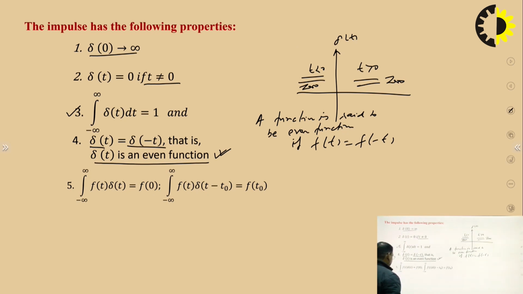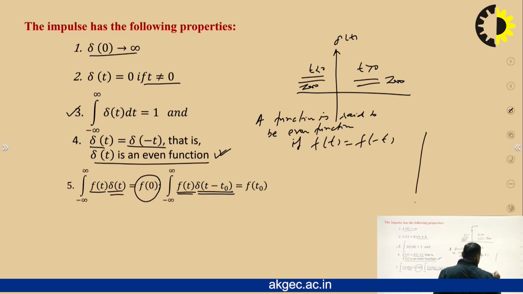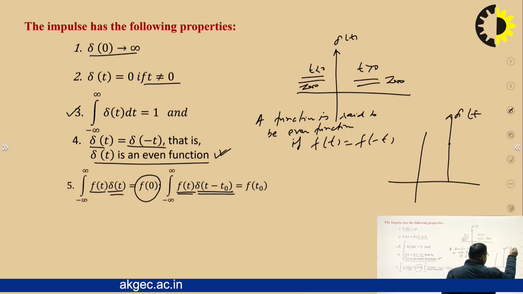Then there are other properties. If we integrate a function f(t) from minus infinity to plus infinity, multiplied by delta(t), we get f(0), the initial value. So we can get the initial value of the function by multiplying the function with delta(t) and integrating over minus infinity to plus infinity; we get f(0). And if this function is multiplied by a delayed impulse function, delayed means delta(t minus t0).